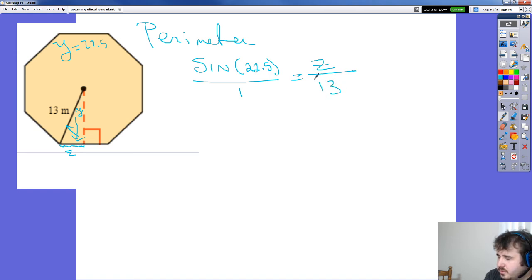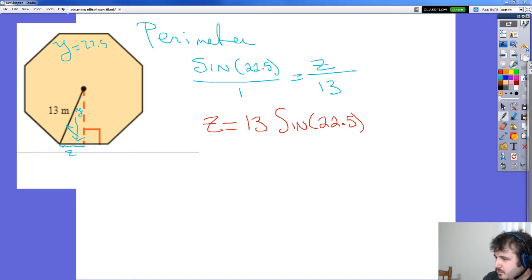We need to solve for this thing right here so that we can get the whole side, right? So we cross multiply and get z equals 13 times the sine of 22.5. So that's half of a side, right?